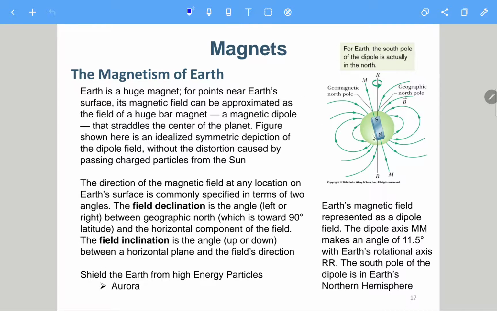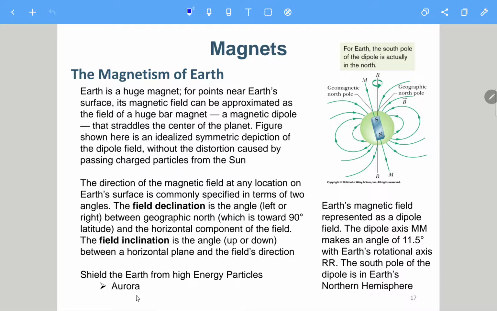In that case, the magnetic field generated by the Earth is actually a shield of the Earth, shielding the high energy particles like gamma rays or X-rays. As long as there are high energy charged particles, it tries to shield them.